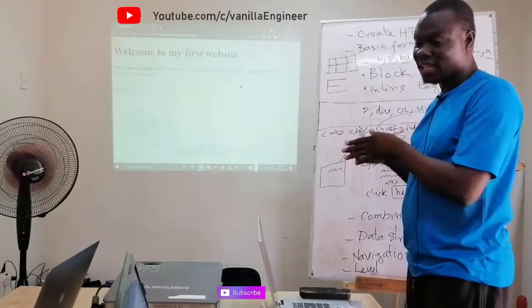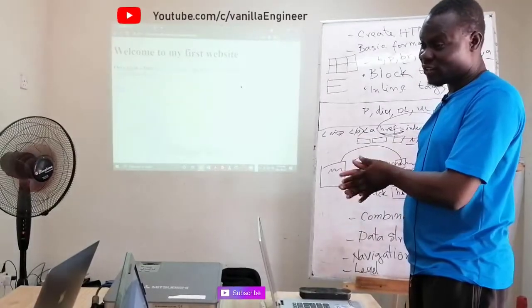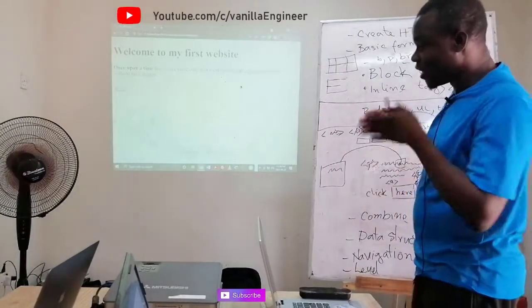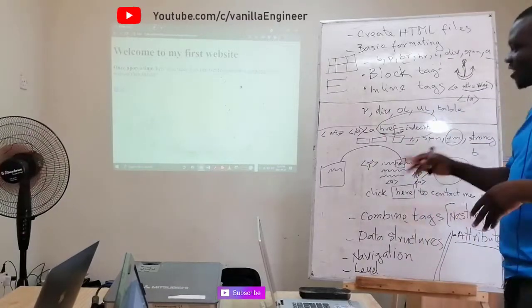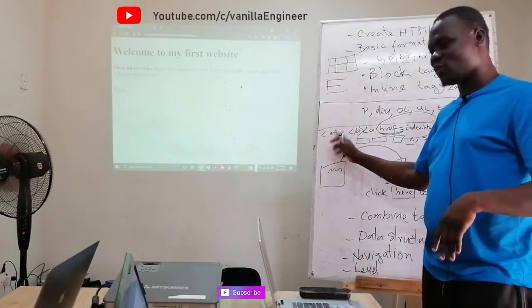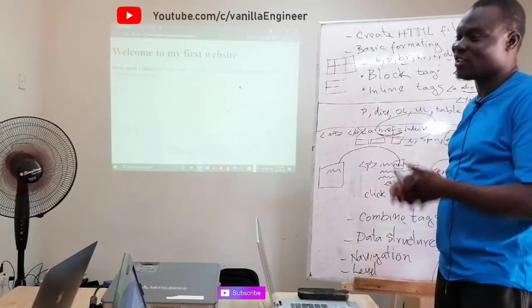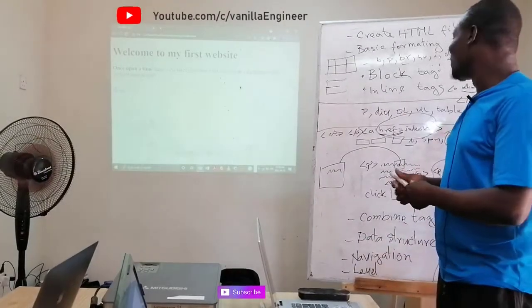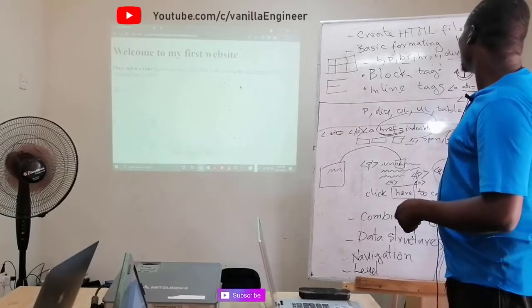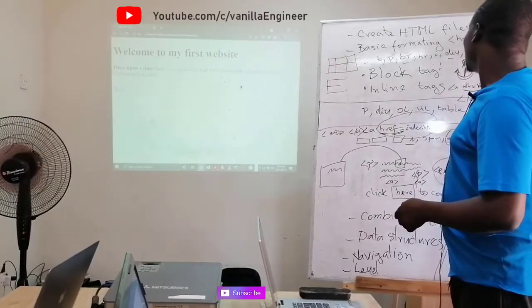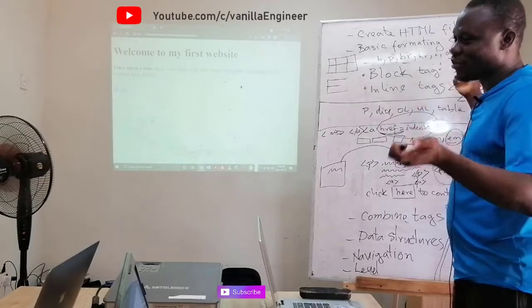That's the case where the tags are even. Remember, you have even and odd tags. In case the tag is even, the attribute is always with the opening tag. But in case the tag is odd, it's just one tag, so it's the only one to carry the attributes. For example, with HR, if you want to add an attribute to HR, it has to go here. We have no other place to put it.